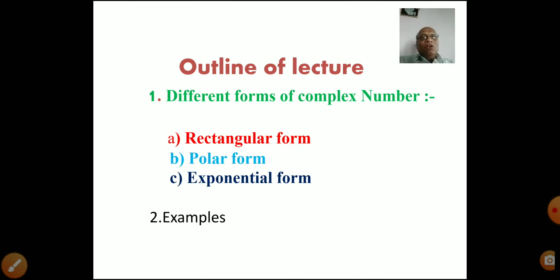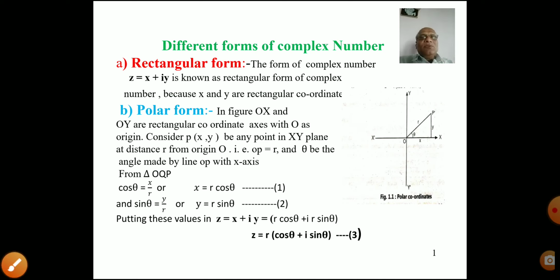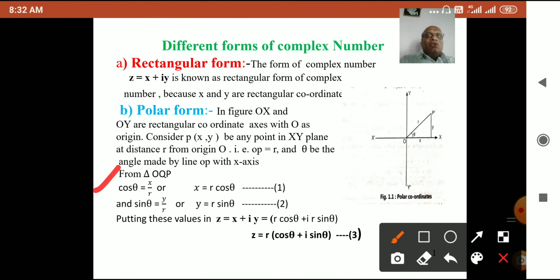So for cos theta, we take the ratio of the adjacent side divided by the hypotenuse. So this is the adjacent side and this is the hypotenuse. So we can find this cos theta as x divided by r. From this, x will be r cos theta. Now the second trigonometric ratio is sin theta.